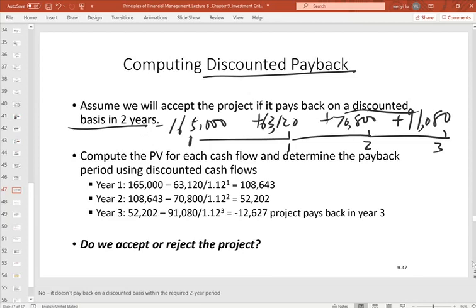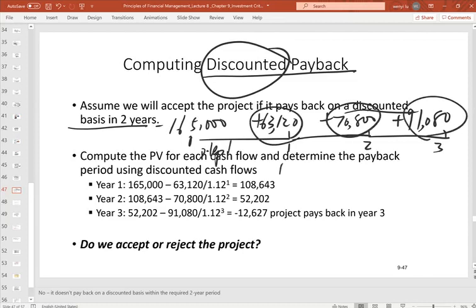Now this is our discounted payback period. So how can we do that? First step, you will solve the discounted value for all these cash flows. On time 1, it's 63,120 over 1 plus 12%.